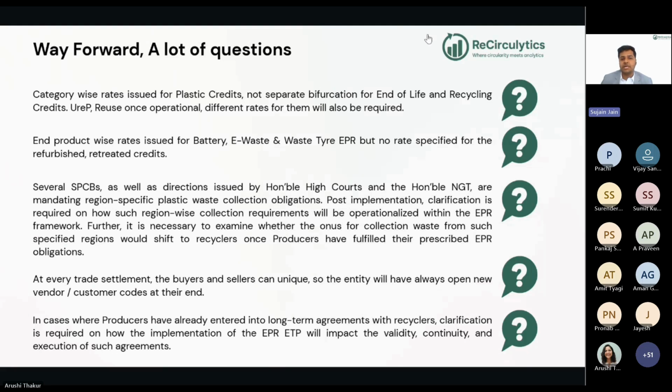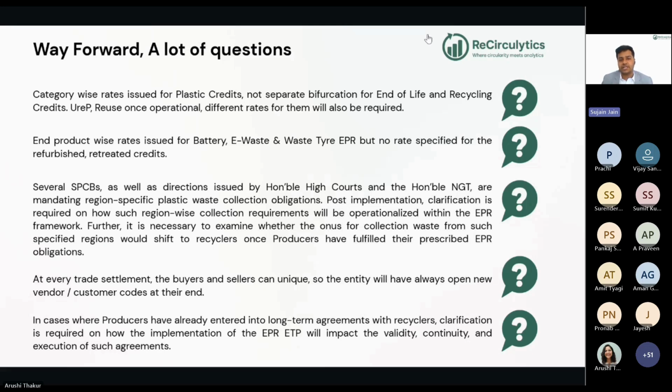Wherein, if you see in EPR plastic, the EC price is category wise, but there are a lot of credits coming, like the UREP credits, the end of life credits, and the reuse credits. In this case, how will the pricing work, or will there be revised EC guidelines for battery waste, e-waste, and tire waste?